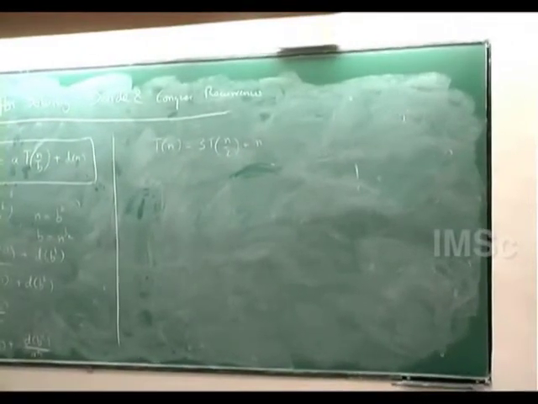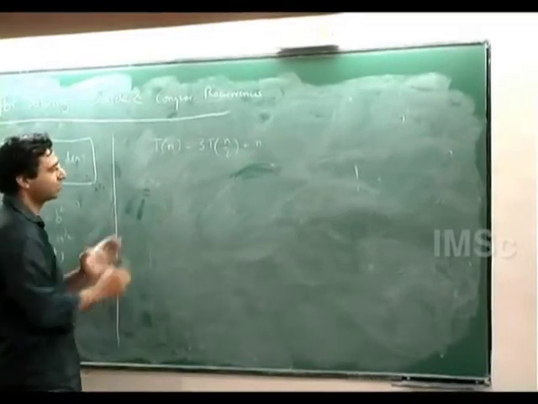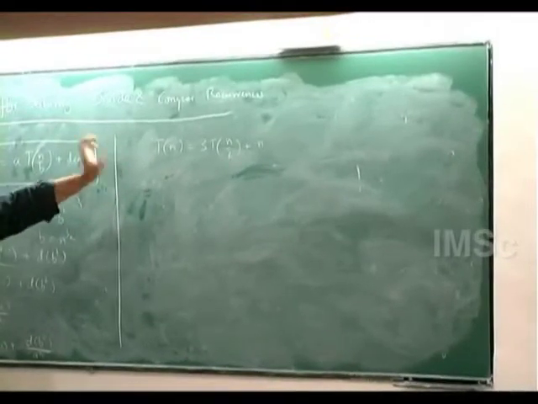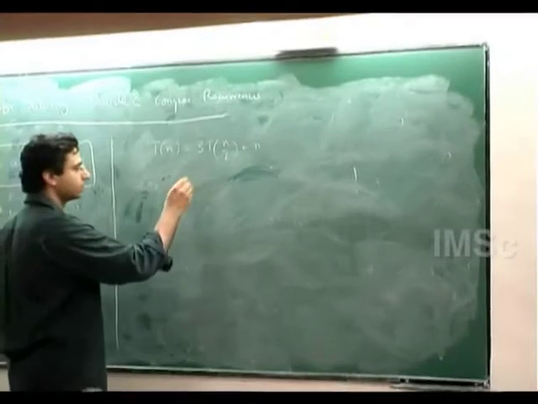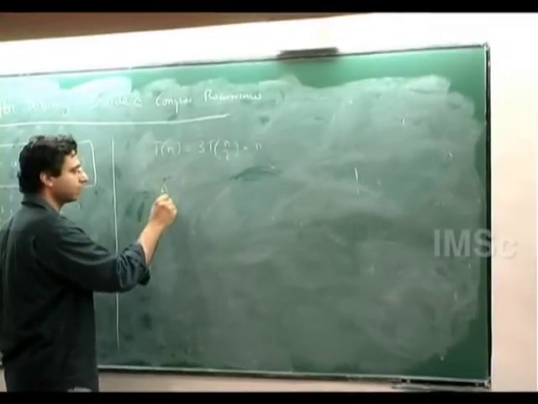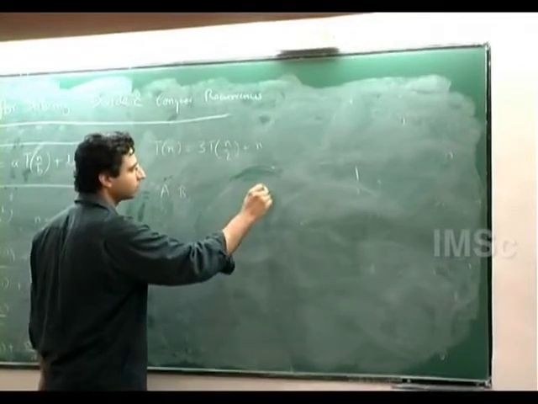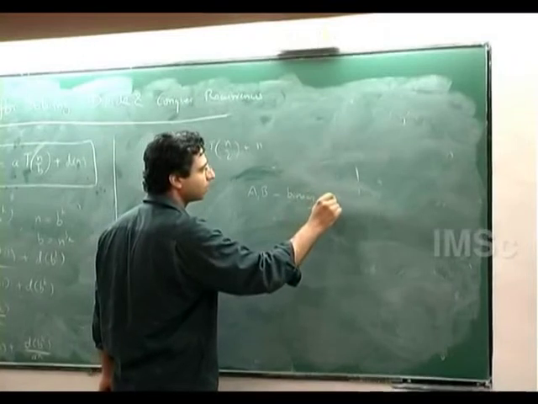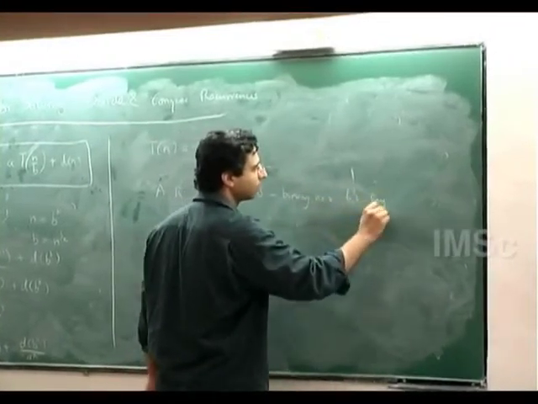Yeah, you have definitely seen it. This is a recursion for multiplying two numbers of bit length n. So A and B are binary numbers of bit length n.